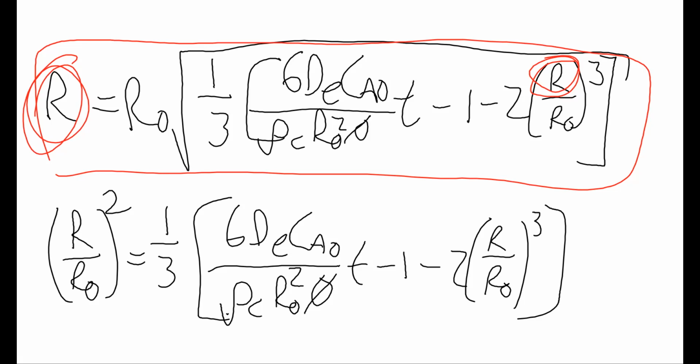Oh, right. Sorry. Rho C is 0.189, units of moles per centimeter cubed. R naught is 0.1, units of centimeters. Phi is 0.5. It's a non-dimensional value. dE is 9.5 times 10 to the negative fourth.